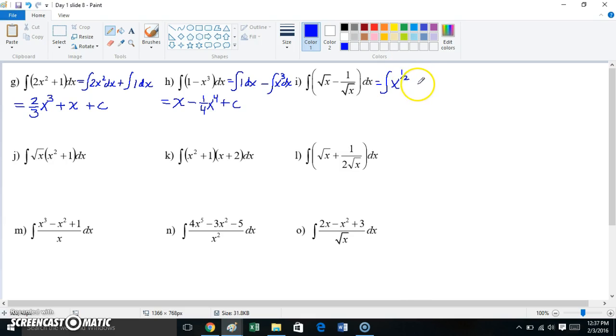So we have x to the 1/2 minus x to the negative 1/2. Integrating each piece, we get x to the 3/2 times 2/3 minus x to the 1/2 times 2 plus c. So those coefficients, remember, are 1 divided by the new exponent.